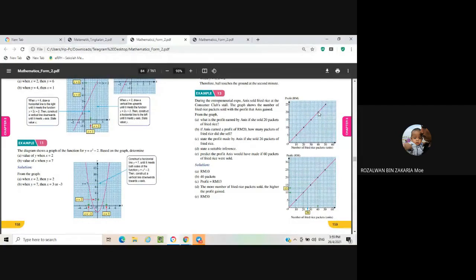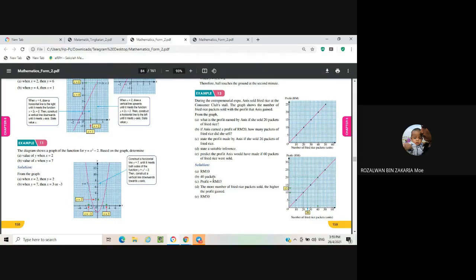After that, draw one more vertical dotted straight line downward from the graph until it reaches the x-axis, and you can see the value is equal to 40. That's why the answer for B is 40 packets.